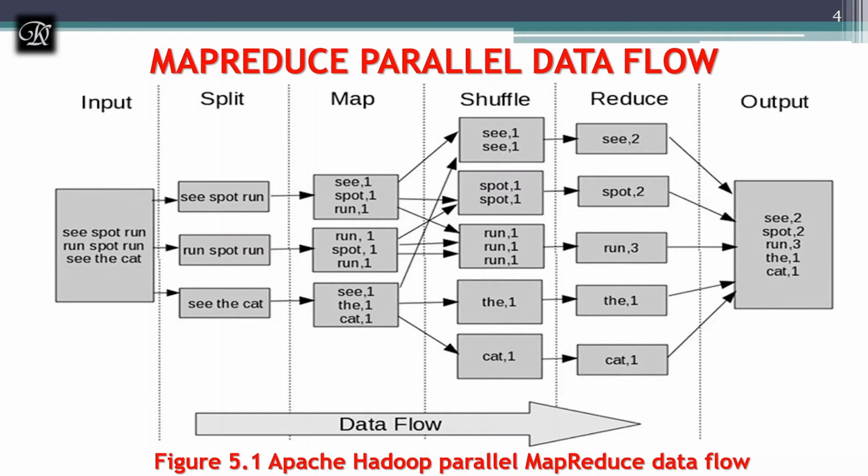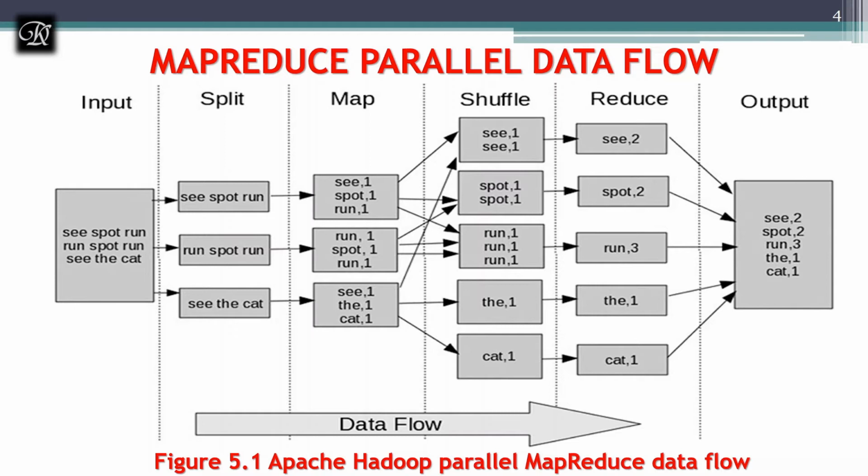Once each data node has been mapped, now we are going to shuffle. As we have told, when we are mapping itself, we get a key value pair. The key is the word, for example, see, spot, and run. The value is the numeric we used in the initial map stage, 1, 1, 1, 1.